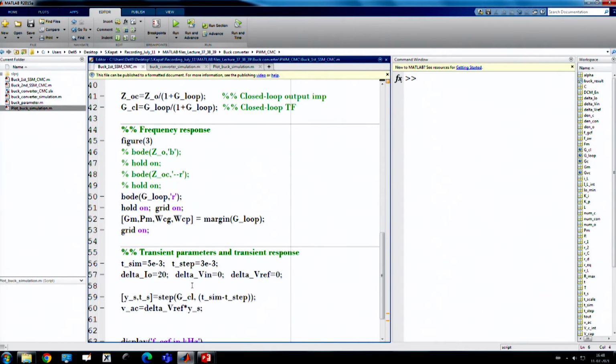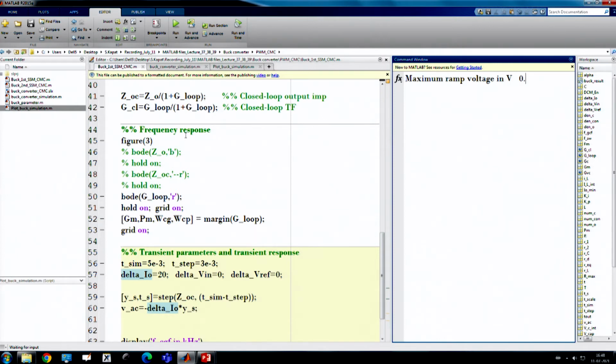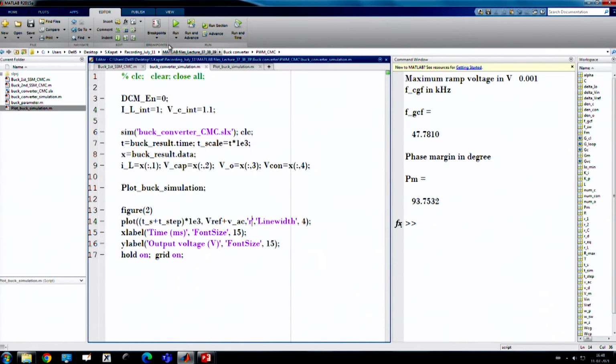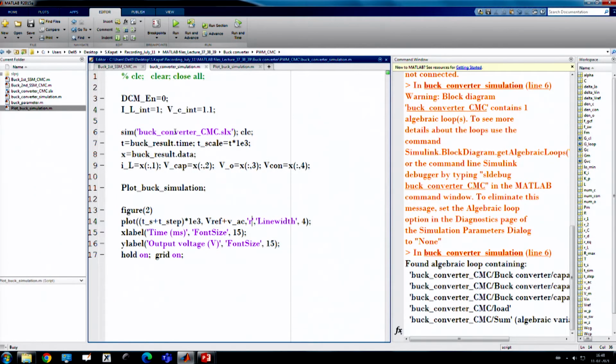This part I have discussed earlier: I have to set the closed loop output impedance and multiply with the load step transient, again 0.01, and we want to check what happened with our simulation.